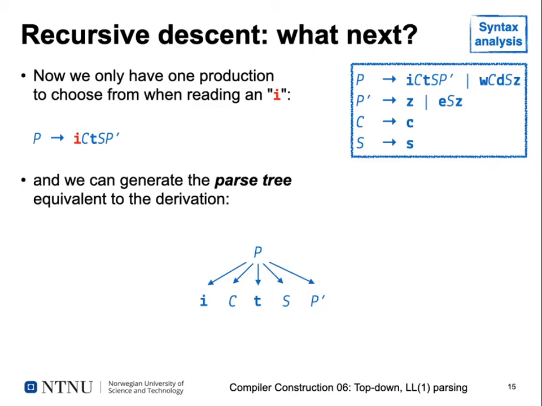We can expand our non-terminal symbol P to exactly this new syntactic form here. So we know we need a terminal symbol i, we've just read this one, and we know after this comes a non-terminal C. After this non-terminal C we have a terminal symbol t, then we have a statement, and then we can resolve the new non-terminal symbol P prime, which we've seen already is this production here.